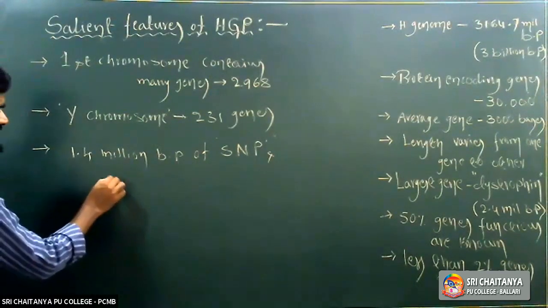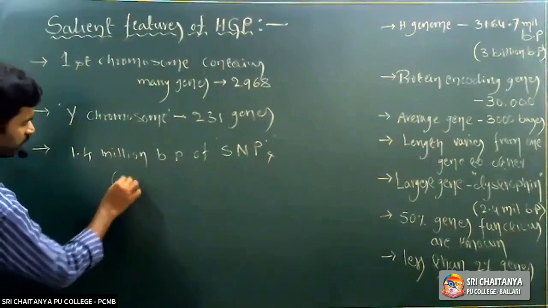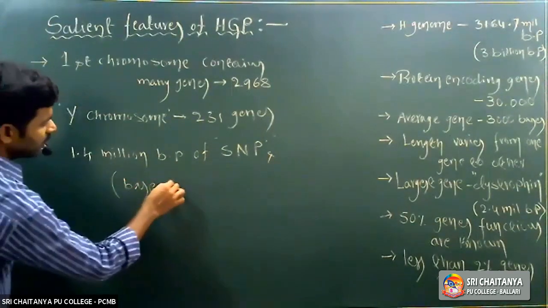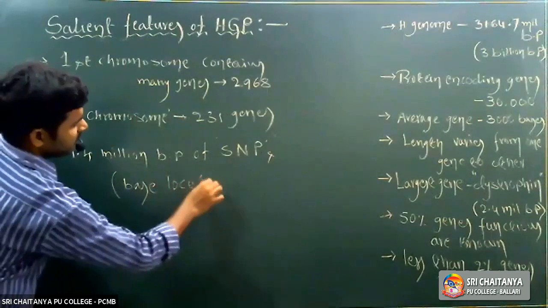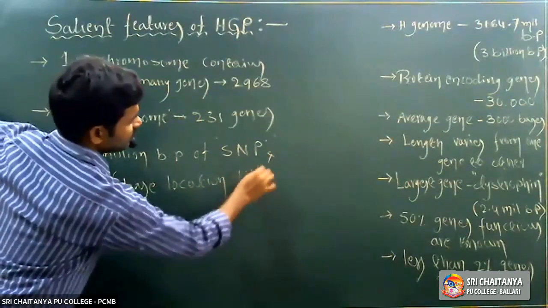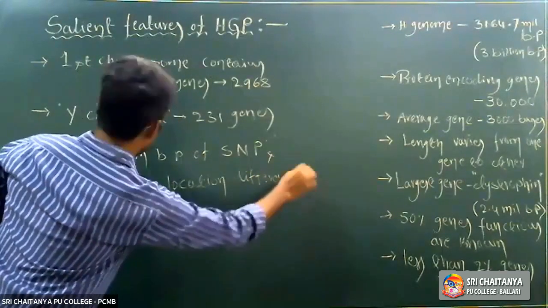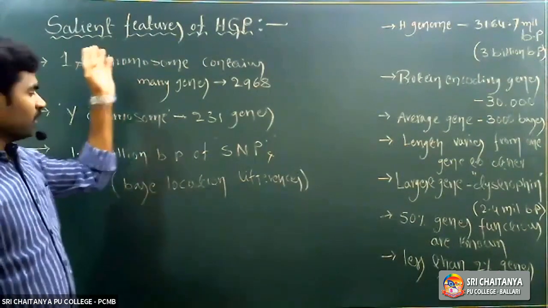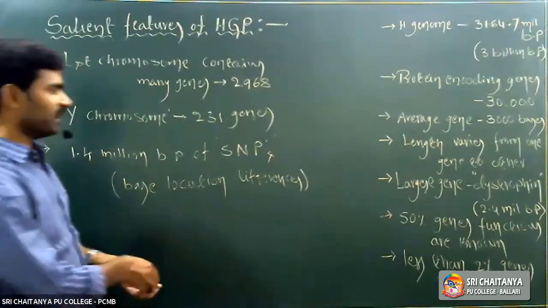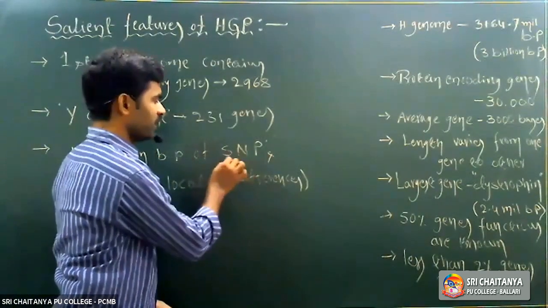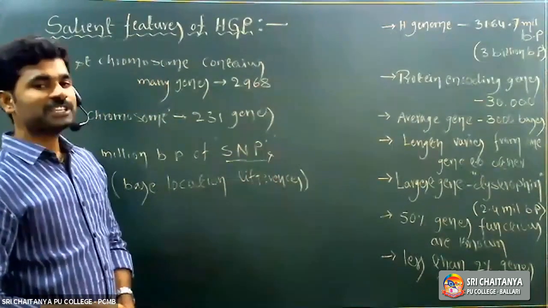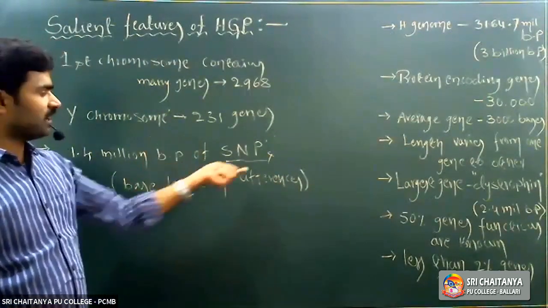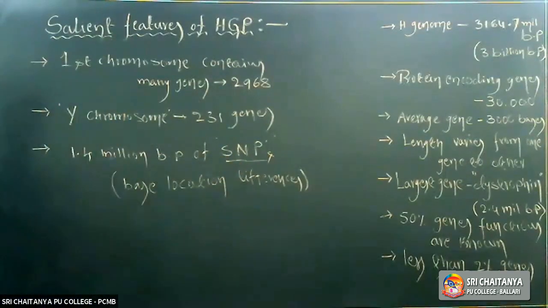It means around 1.4 million base location differences are observed in the human genome, so we call them SNPs. What are SNPs? Single nucleotide polymorphisms. Changing of a single base pair in the genetic material is called a single nucleotide polymorphism.